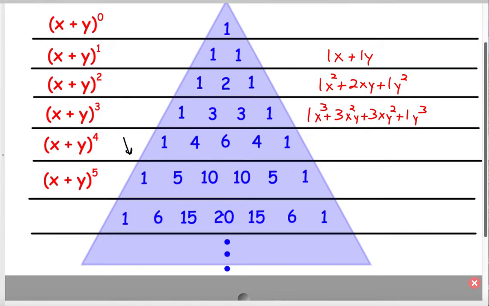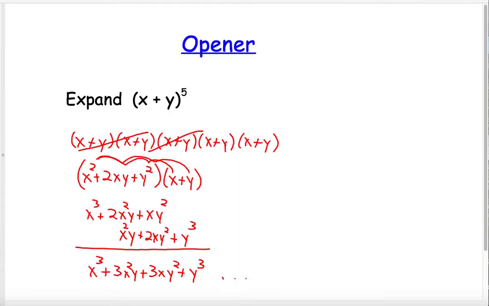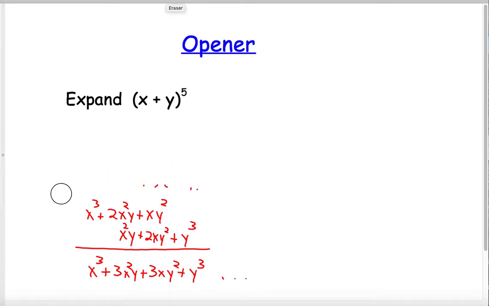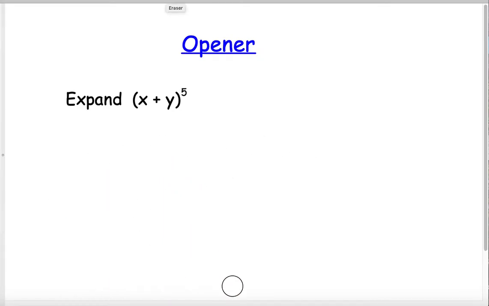So let's go back to the opener now that we know the coefficients, 1, 5, 10, 10, 5, 1. And let's get rid of all this silliness. And let's fill in our coefficients, 1, 5, 10, 10, 5, 1. And now let's write the pattern for our variables.